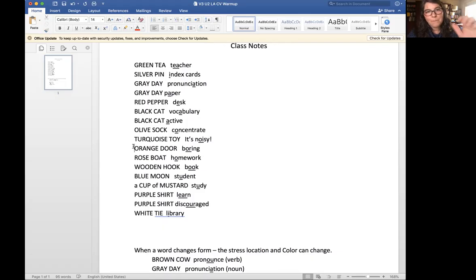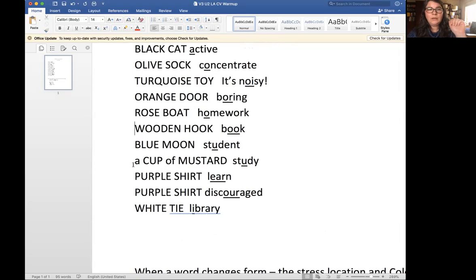Orange door boring. He said the book is boring. Rose boat homework. Sorry. Wooden hook book. Now be careful. This is wooden hook. It's not blue moon. It's not book, it's book. So wooden hook book.